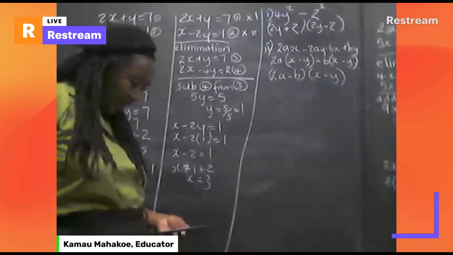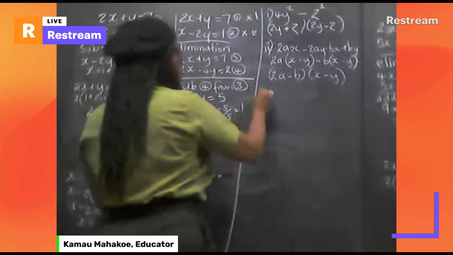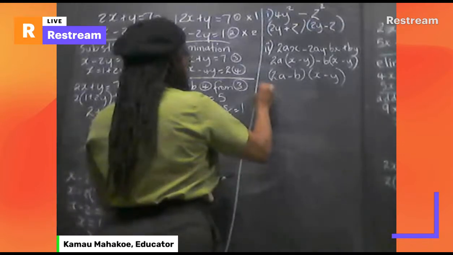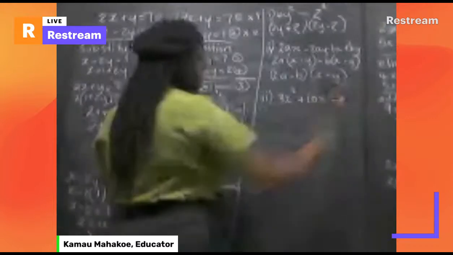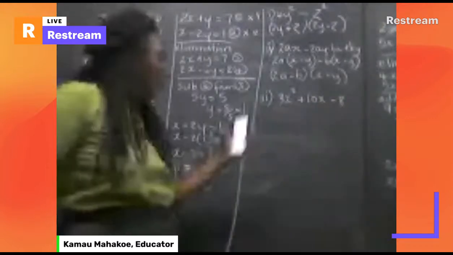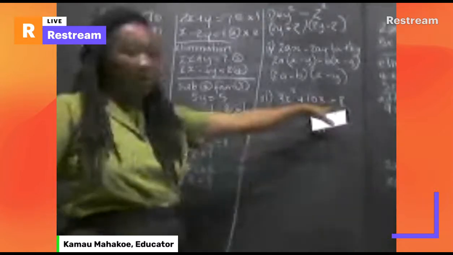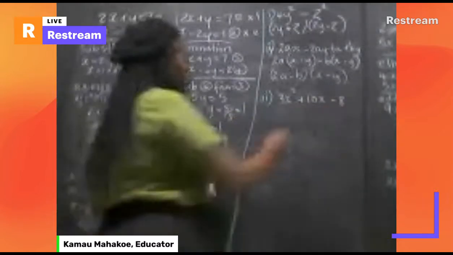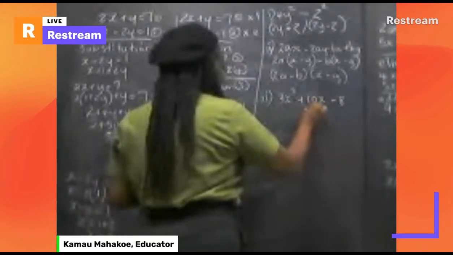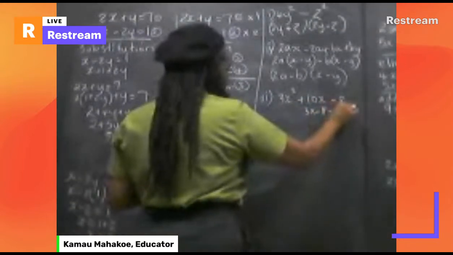And the next one is 3x squared plus 10x minus 8. So we're going to multiply the coefficient of the x squared term with the constant term. So 3 times negative 8 is negative 24.